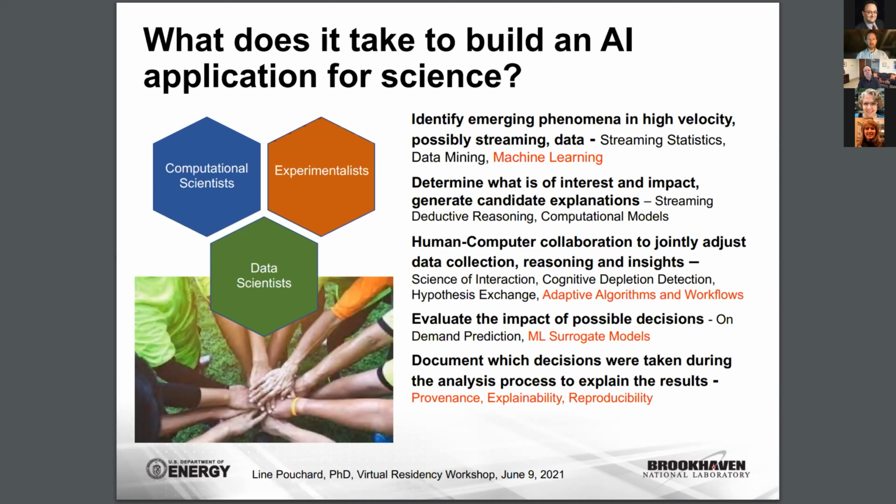And for building an AI application for science, first we need to identify emerging phenomena, which often occur in high velocity and possibly streaming data. Determine what is of interest and impact, generate candidate explanations. There's also an important aspect of AI, which is human-computer collaboration to jointly adjust the data collection, reasoning, and insights.